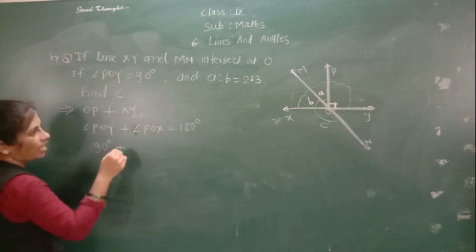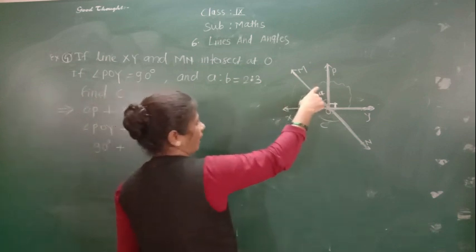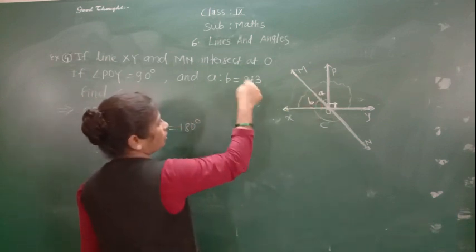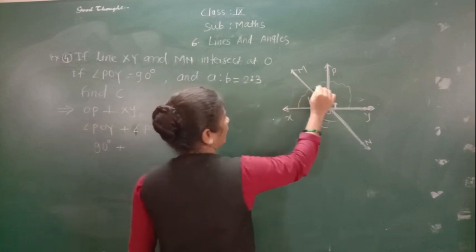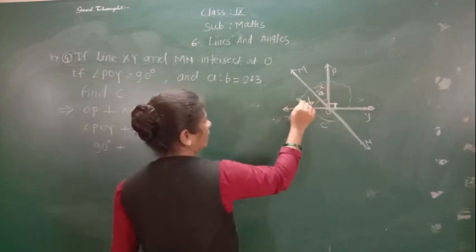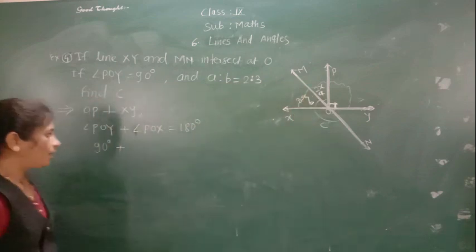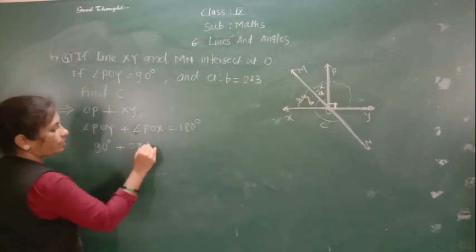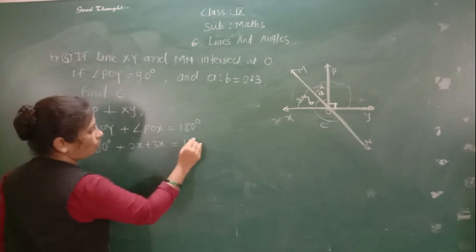Angle POY is 90 degrees already. Angle POX is given as A is to B. A is to B ratio means we can take A as 2x and B as 3x. So 2x plus 3x plus 90 equals 180 degrees.